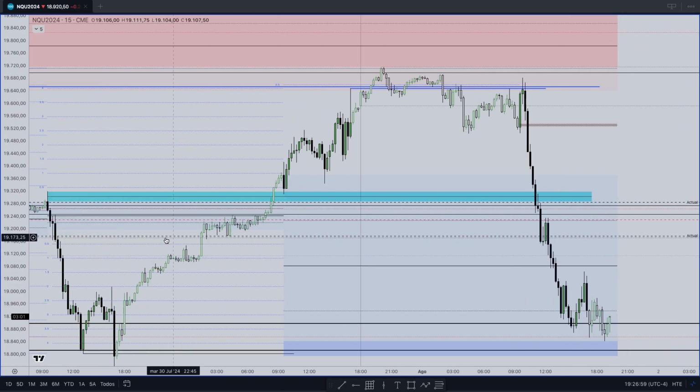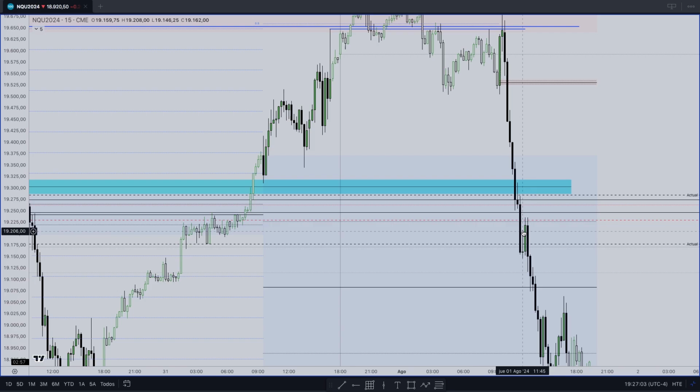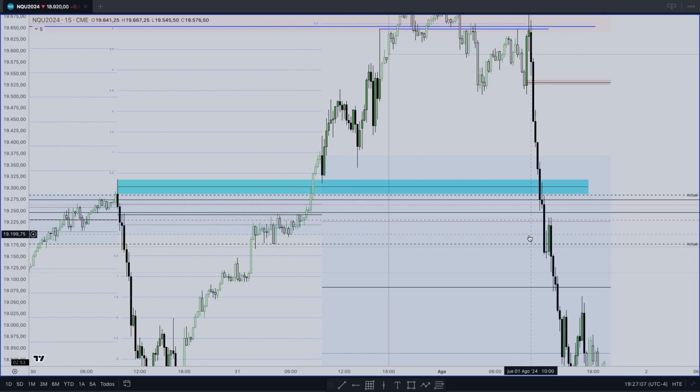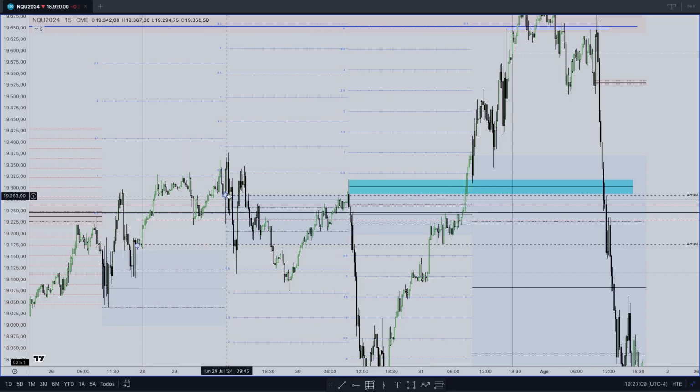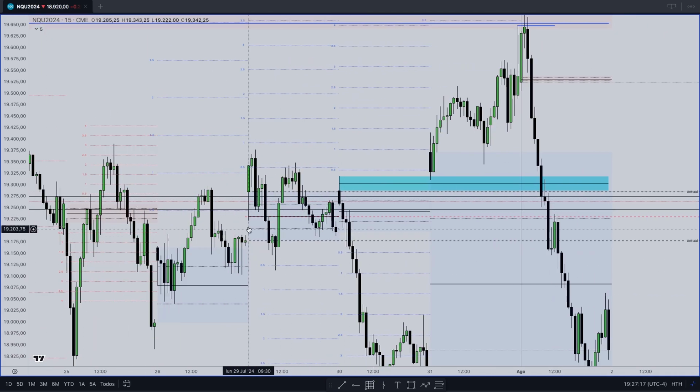And note where they are accumulating more shorts. What is this gap? I will change this. This is the Monday new week opening gap.